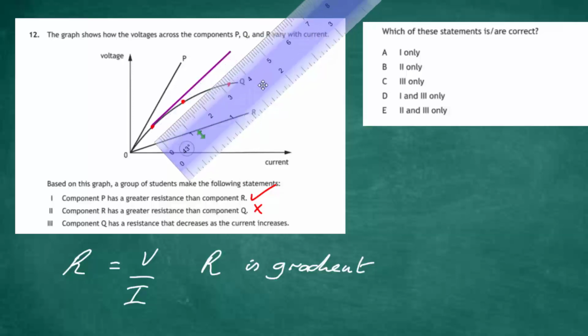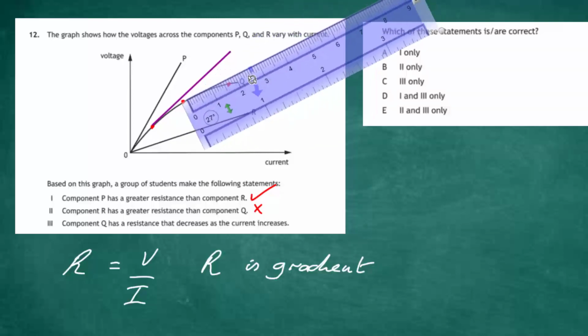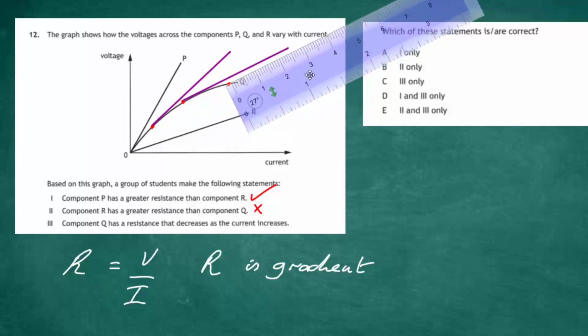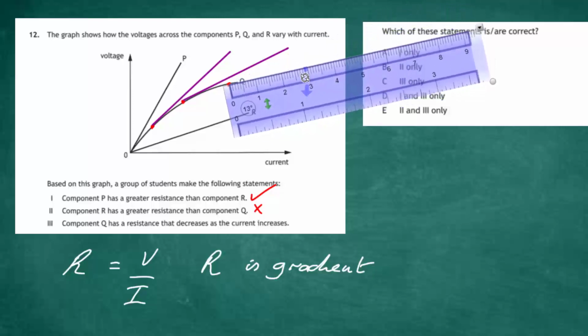Now all we have to do now is take the next line, so we move up to the next point like that, and we can measure its gradient, and you can see scuff the line at that point, and we get this gradient, and you can see that the slope is getting smaller. And finally go to the third point in that graph and arrange your ruler to make the ruler scuff the graph.